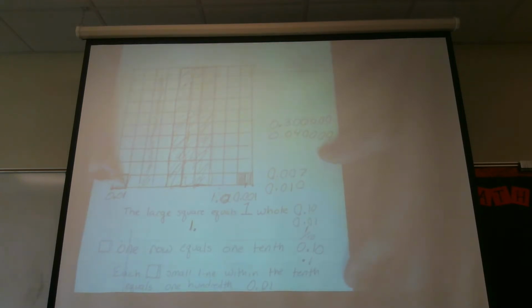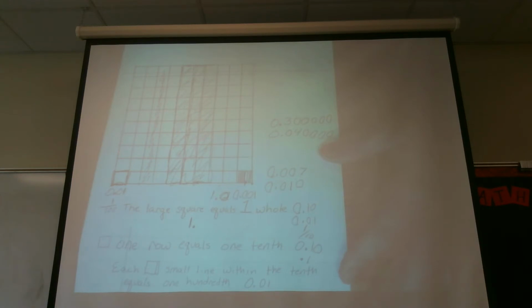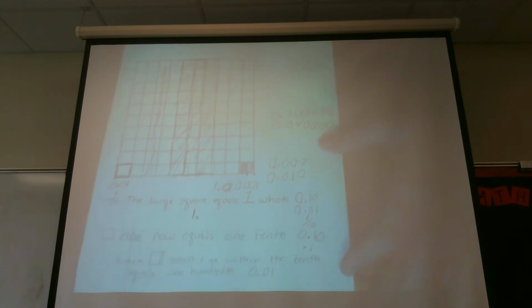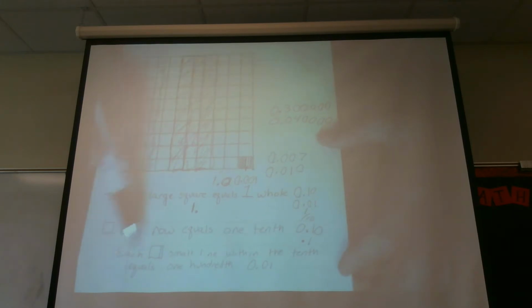One little square is a hundredth. And that's how that's written as a decimal. It can be also written as a fraction, 1/100th. And each of these little ones is a thousandth. So each of these little ones, and I have that wrong here, is a thousandth within the 100th.